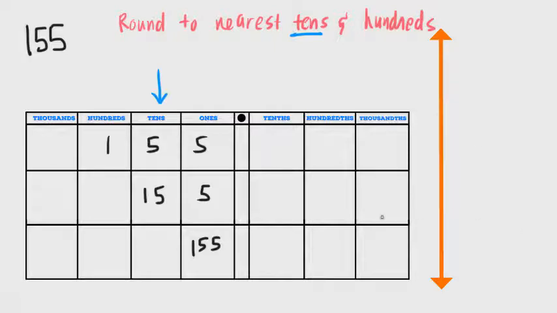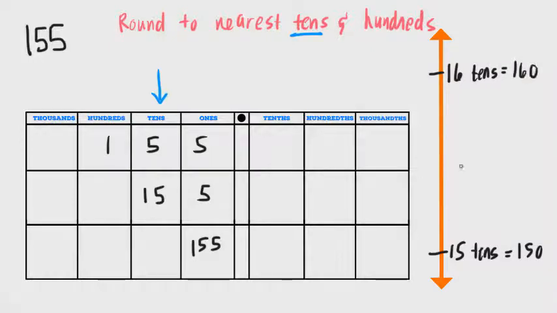Because there are 15 tens, this is our low end. So there are 15 tens, which is 150, and it's in between 16 tens, which is 160.